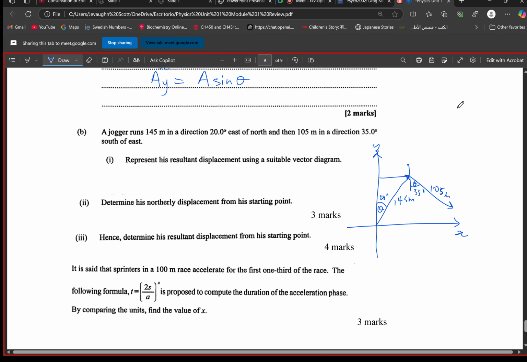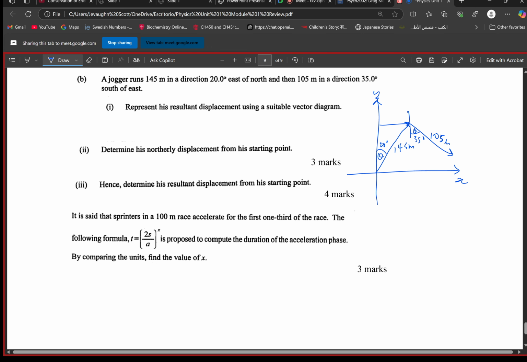So we're looking at this here, right? We're taking the first vector, the 145-degree vector, and its y component. We only care about its y component. And we're taking the other vector that goes down like this, the 105-degree vector.